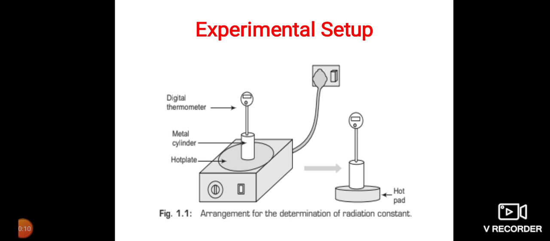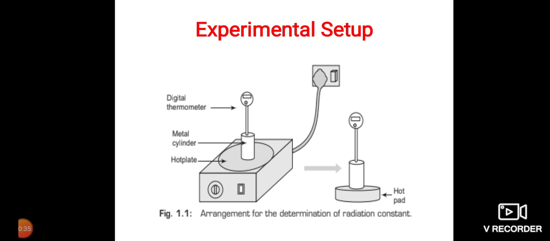After that, the metal cylinder temperature will increase, and we are going to increase the temperature up to the maximum limit of the digital thermometer. After that, we will switch off the machine and place that metal cylinder, which is at very high temperature, onto a hot pad, which is represented at right hand side.